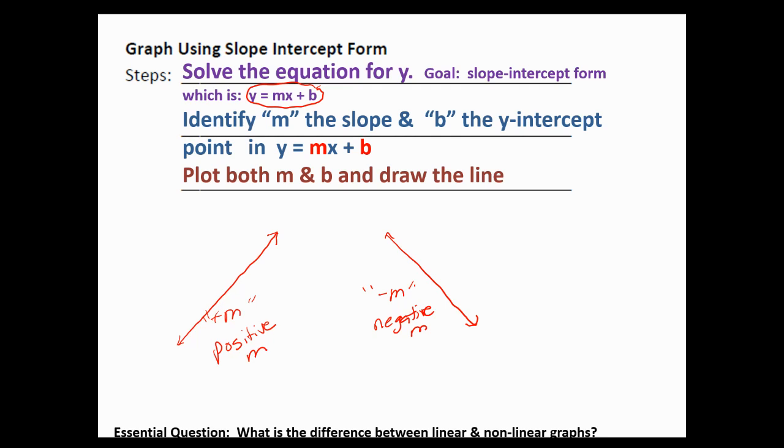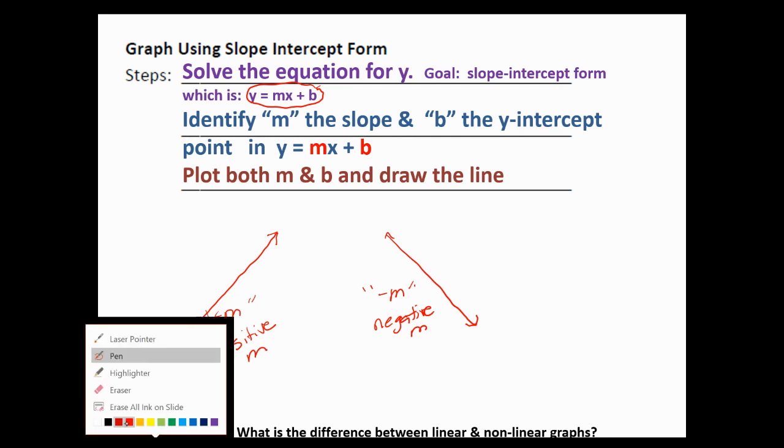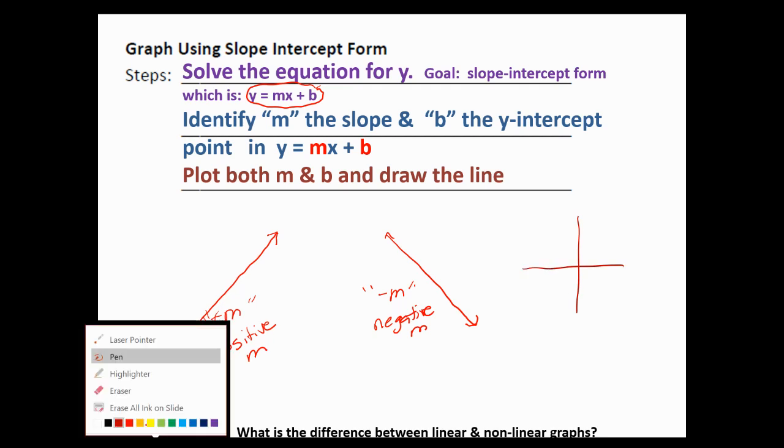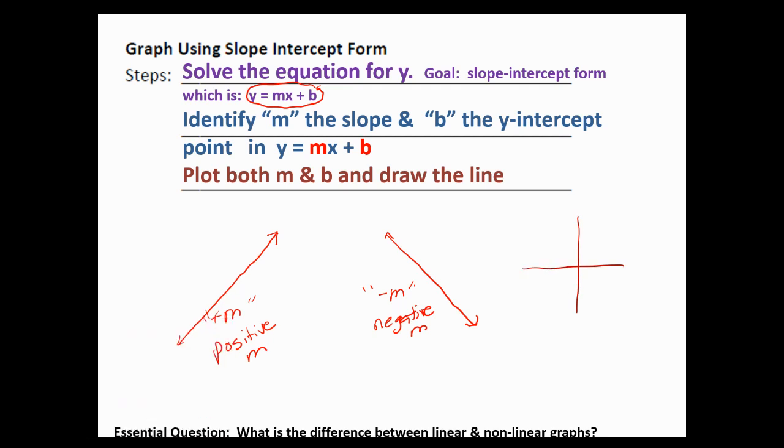Okay. The b is the y-intercept. So when you graph a line, I'm just going to graph one going with a positive slope. When you graph a line as it comes up, and right here where it hits the y-axis, this big blue dot is called the y-intercept.